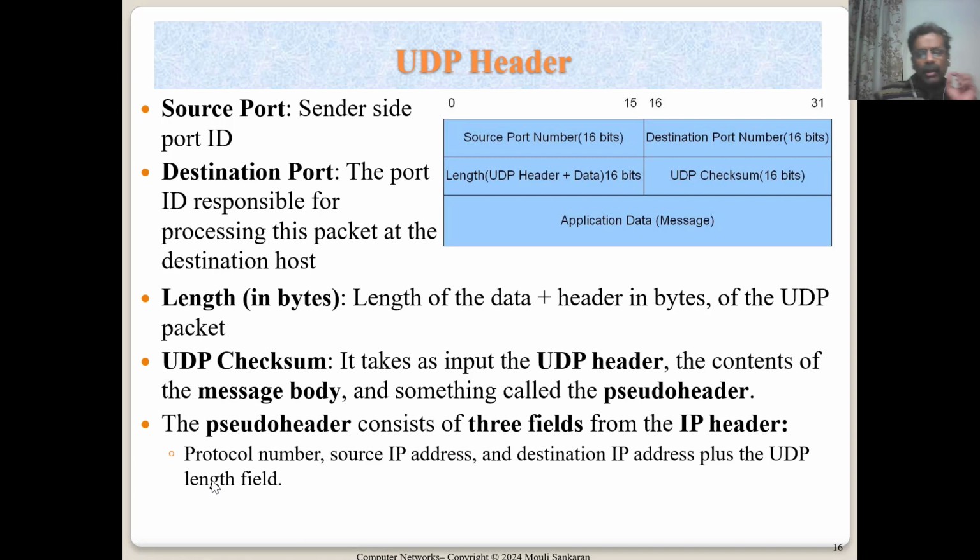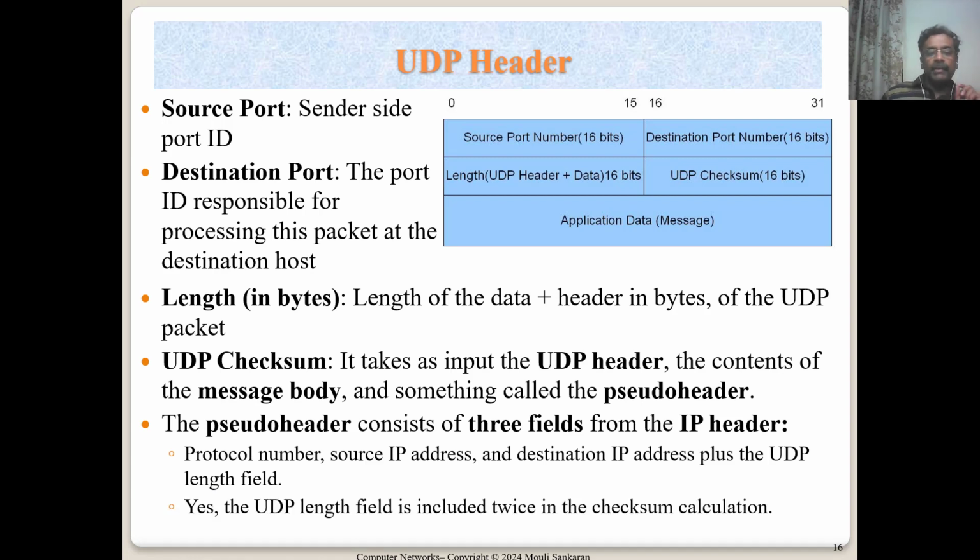Now one unique thing about UDP is that a pseudo header is there. Let me talk about what the pseudo header is. Apart from this, the protocol number, the pseudo header consists of 3 fields from the IP header. If you recall the IP header, there was a protocol field in the IP header.